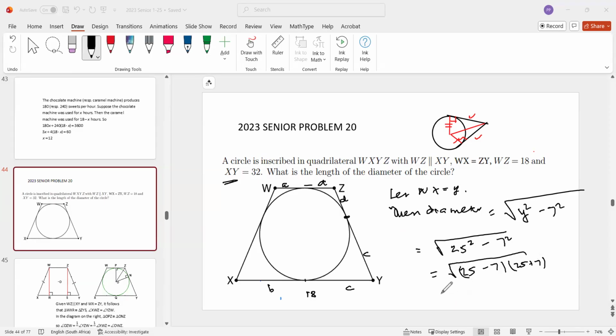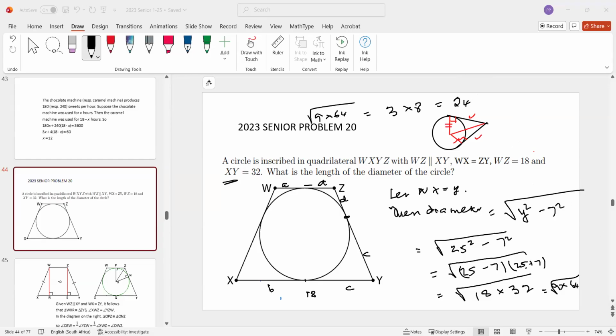You don't need to calculate to work out 25 minus 7. That's 18. And 25 plus 7 is 32. So if you absorb this 2 here, this is 9 times 2, and 2 times 32 is 64. So the square root of 9 times 64, well, that's immediate. That's 3 times 8, that's 24. So the diameter is actually 24.